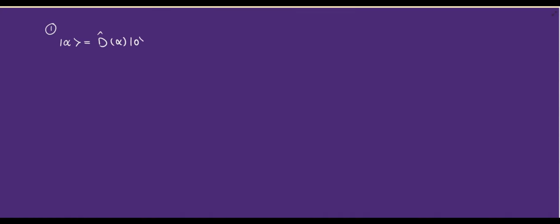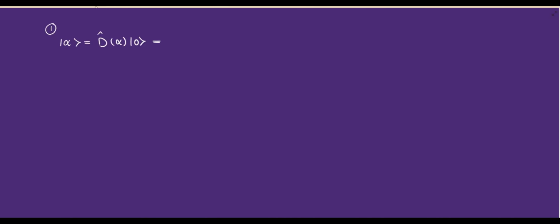Now let us start with the first property of displacement operators and coherent states. The first very important property is, let us write the coherent state in terms of the number Fock states, single mode Fock states. As we had defined, alpha is equal to D(alpha) acting on 0.